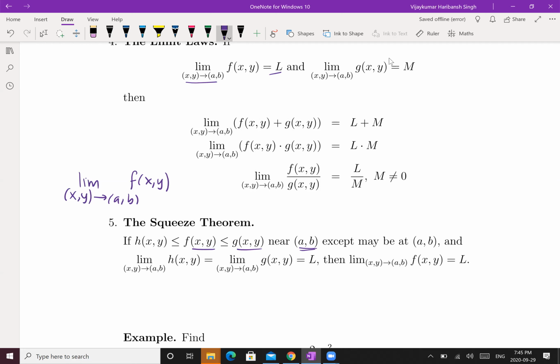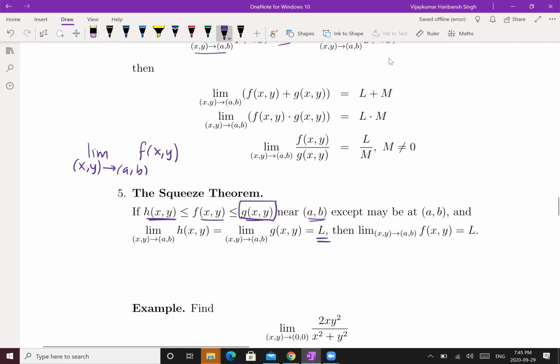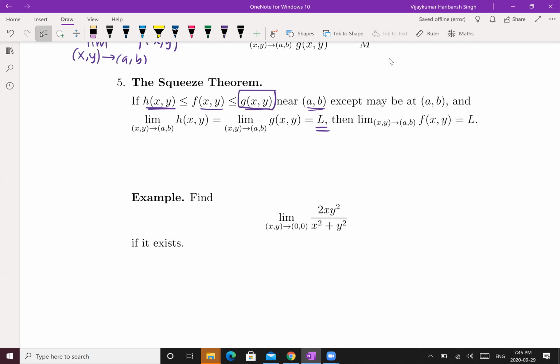Suppose the limit of h as xy goes to ab is L, and the limit of g as xy goes to ab is also L. Then the limit of f of xy as xy goes to ab is also L. This is the squeeze theorem. To use it, let's see the following example where I will use the squeeze theorem.